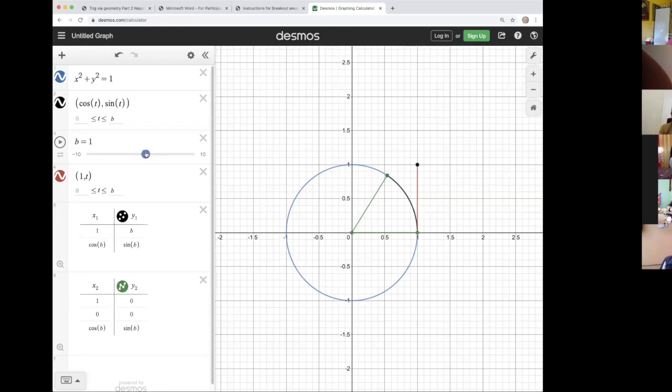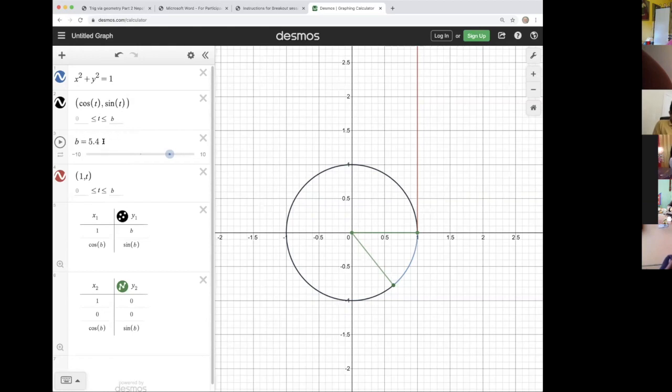Now, if we make the central angle big enough, we have a reflex angle, right? An angle greater than 180 degrees. And instead of thinking of this as the angle measure, it is this larger angle measure. And we can see that because the black arc is being drawn using cosine of t, sine of t.